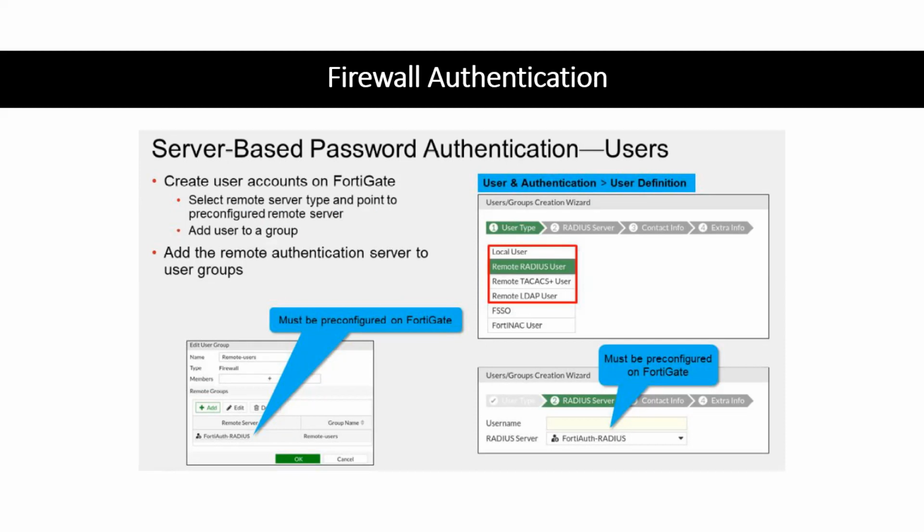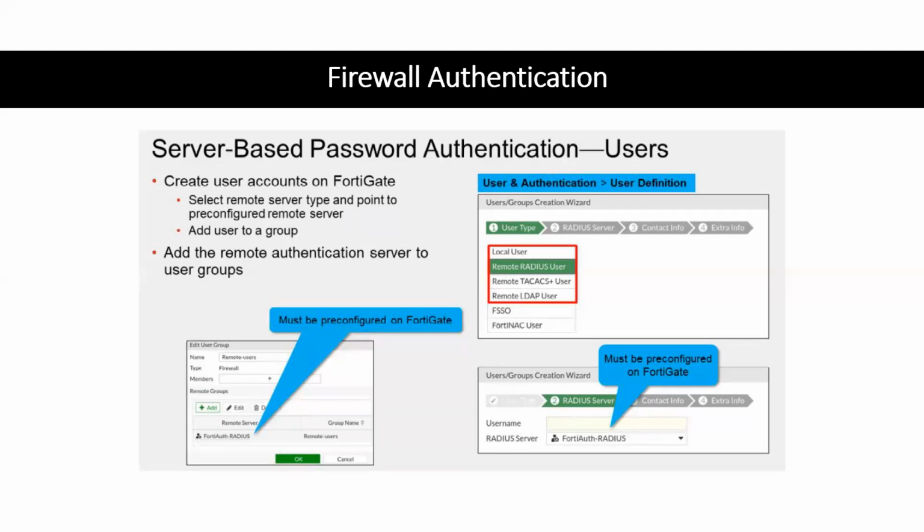So I won't go deep into this page. Some of this is spoilers that you guys can see, but this is basically how you configure this. You create a group, and that group will be called, quote unquote, a user. You point to it. You already have your servers configured on your FortiGate. These screenshots don't do server-based password authentication configuration justice, but in our practical lab, you guys will see it.